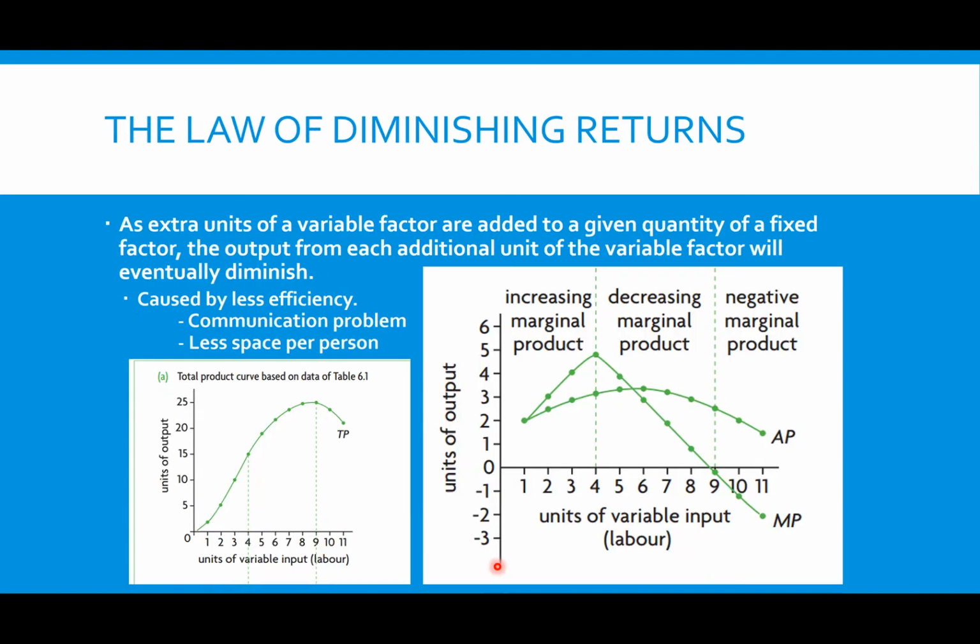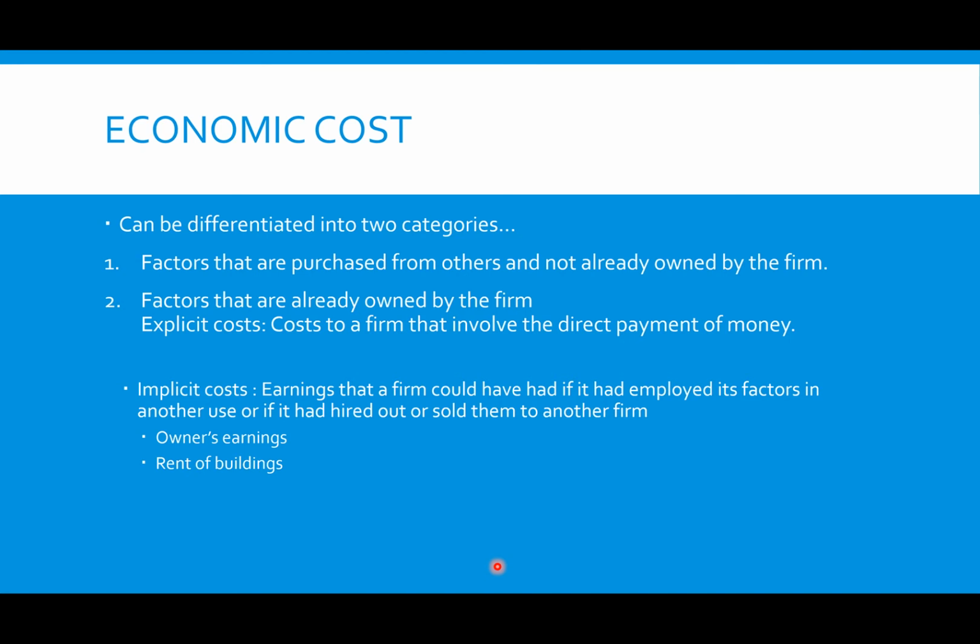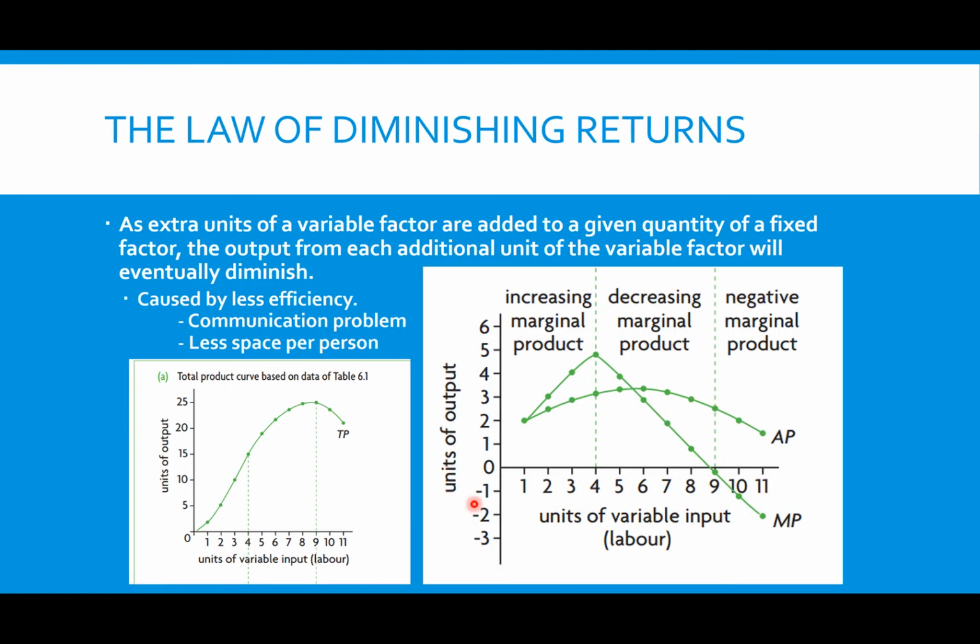So, just before skipping this and entering into this slide, as I said before, MP is actually the slope of the tangent of total product. Maybe you've heard of this in math class if you're taking Math SL or higher level.